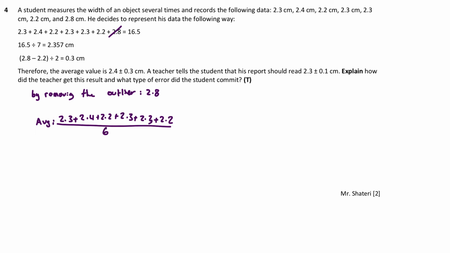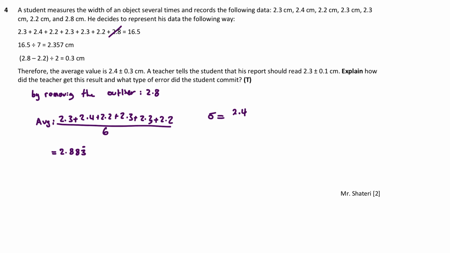And I will get 2.283 repeated. So I'll come back and fix the final measurement in terms of proper number of significant figures. The uncertainty will be measured by the max value. The new max value is 2.4.